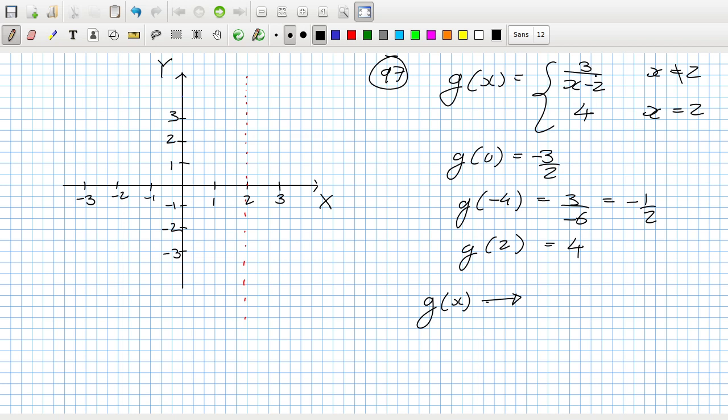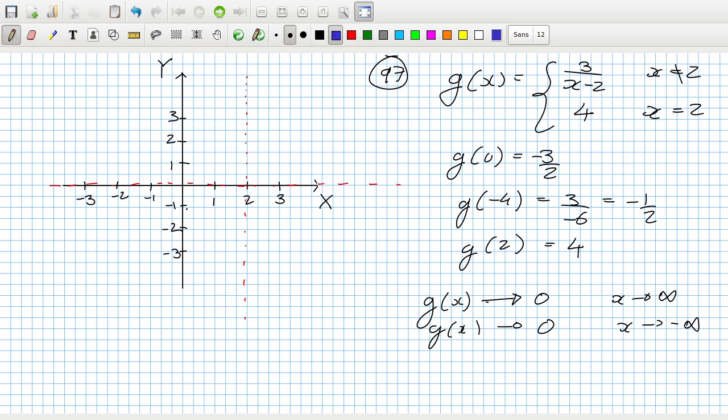So it'll be going towards 0 as x goes to infinity. And likewise, g of x will go to 0 as well when x goes to minus infinity. So the axis here is an asymptote that is not reached as well.